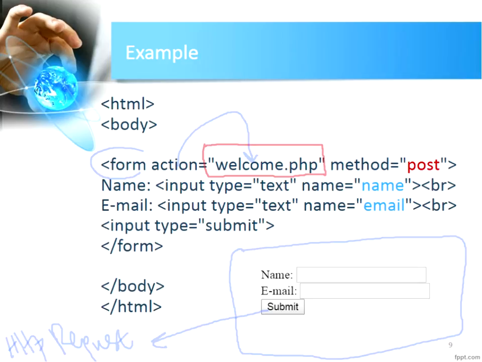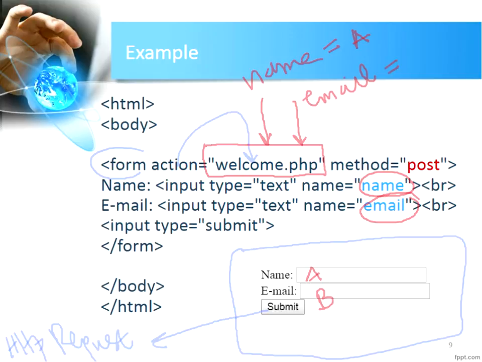And after that, if I write here A and here B, that means I want to execute welcome.php with the name. The name equal what? Here A, and the email equal B.